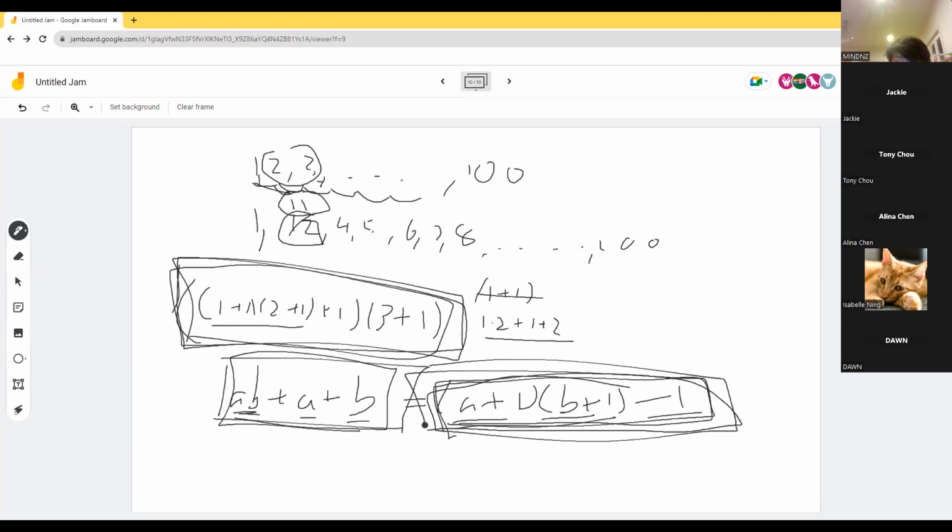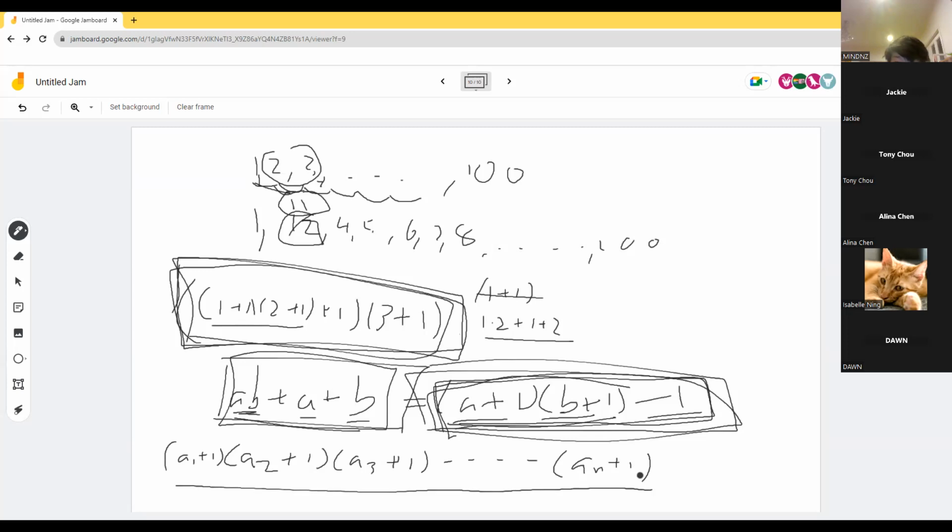And you get to this. And so we consider this. This is our invariant. We've got a1 plus 1, a2 plus 1, a3 plus 1, all the way up to an plus 1, where those are the terms. Right at the start, we've got 100 terms, and the quantity is equal to 2 times 3 times up to 101.